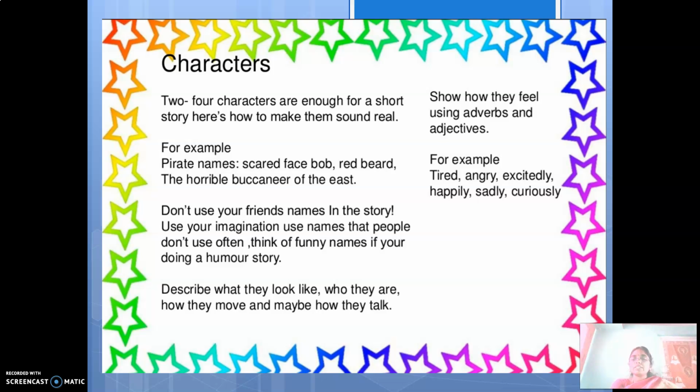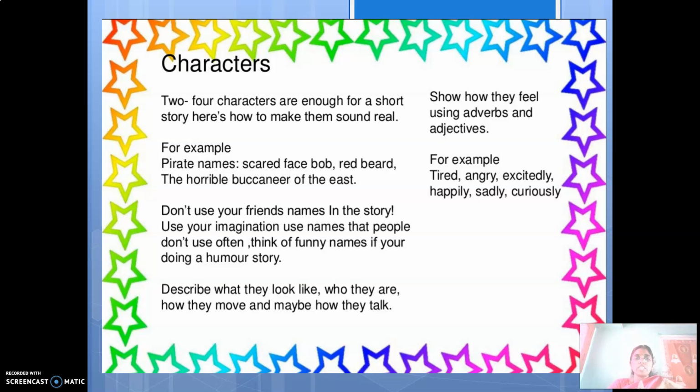All these are character names. It will be innovative and interesting also. It will be totally different from others. Usually what names you will have, like Rajesh, Suresh, Raja, all that. But when you are creating your own story, you can have super different character names.